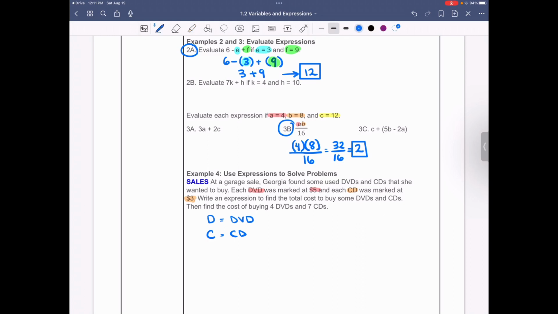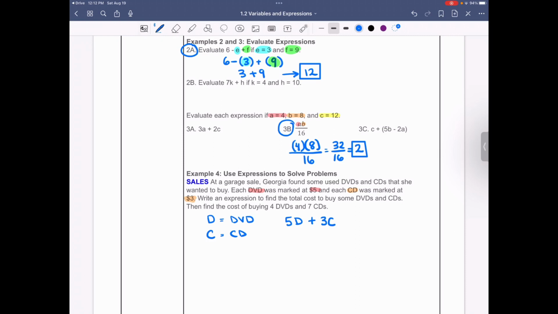So I'm going to write them next to each other because we learned that when we put a number next to a variable, then that means multiply. And then we have 3C. So that is an expression to find the total cost.